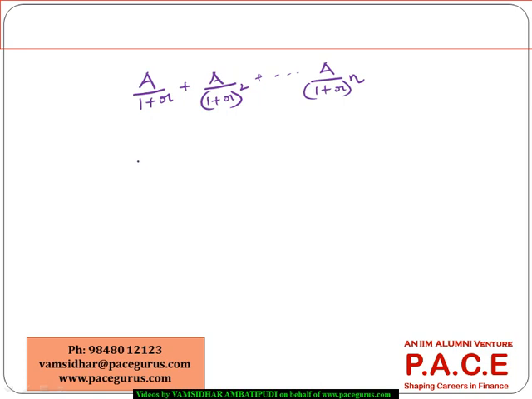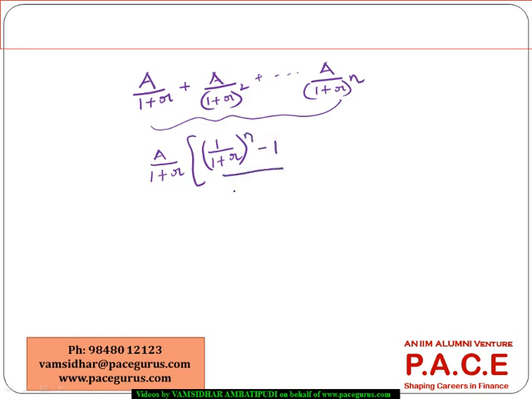Let's make it general. Now, I can find the sum of n terms of a geometric progression, which gives me the first term multiplied by the common ratio to the power n minus 1, divided by the common ratio minus 1.